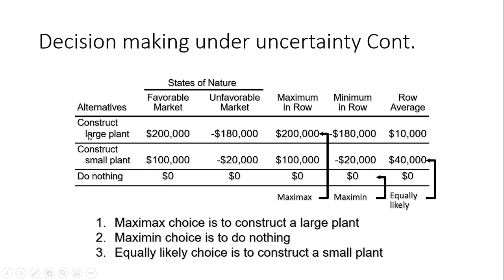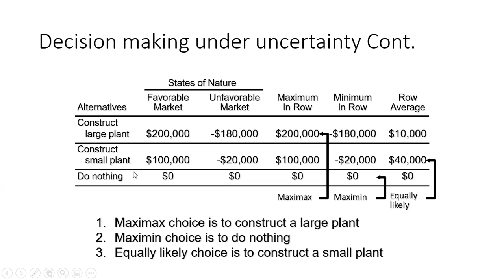Here, for example, for the construct large plant alternative, the minimum value is negative 180,000, and you must write it in your column here.